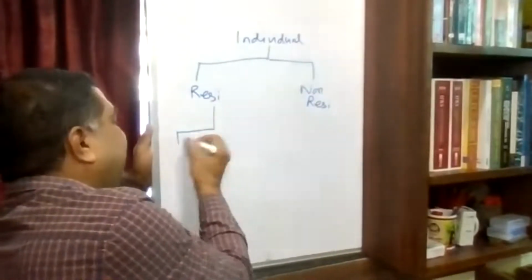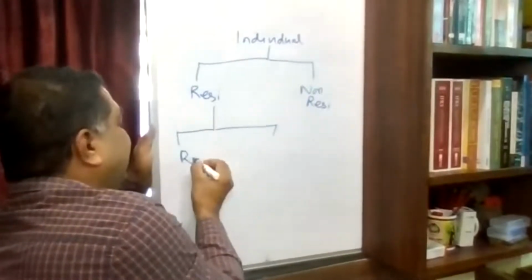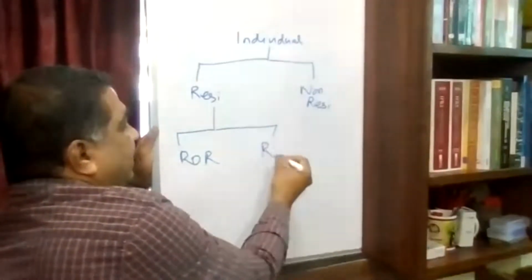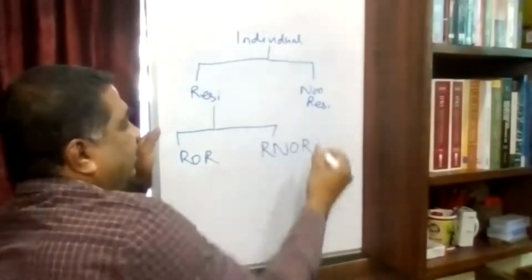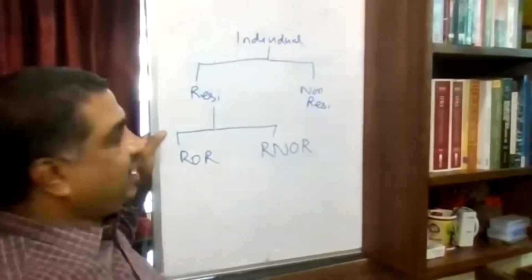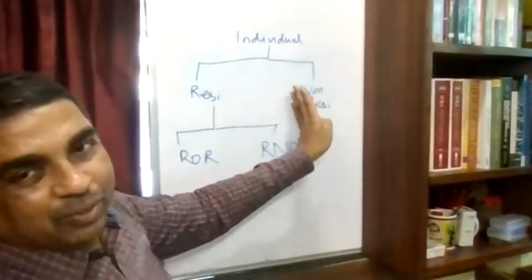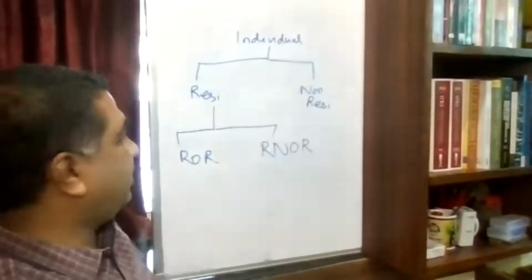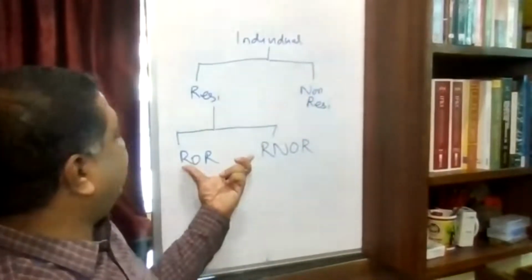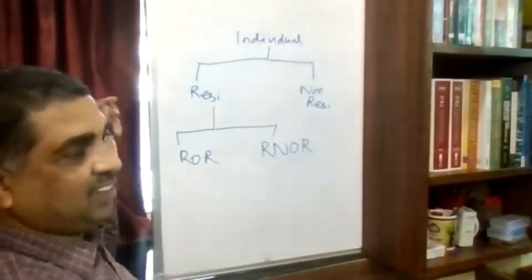If resident, then you see whether he is resident and ordinary resident or resident but not ordinary resident. If he is non-resident, then you do not worry about this. There is no further subject. But how to know he is resident and ordinary resident, or resident but not ordinary resident?